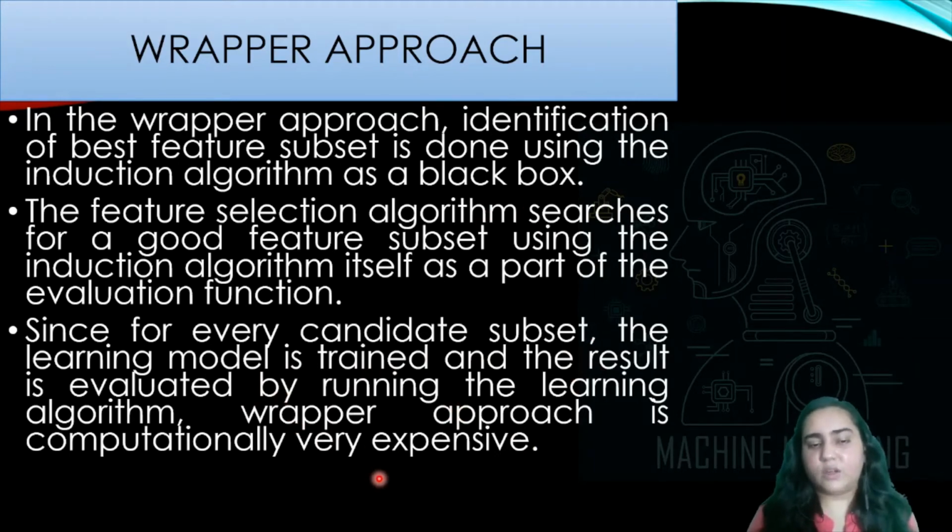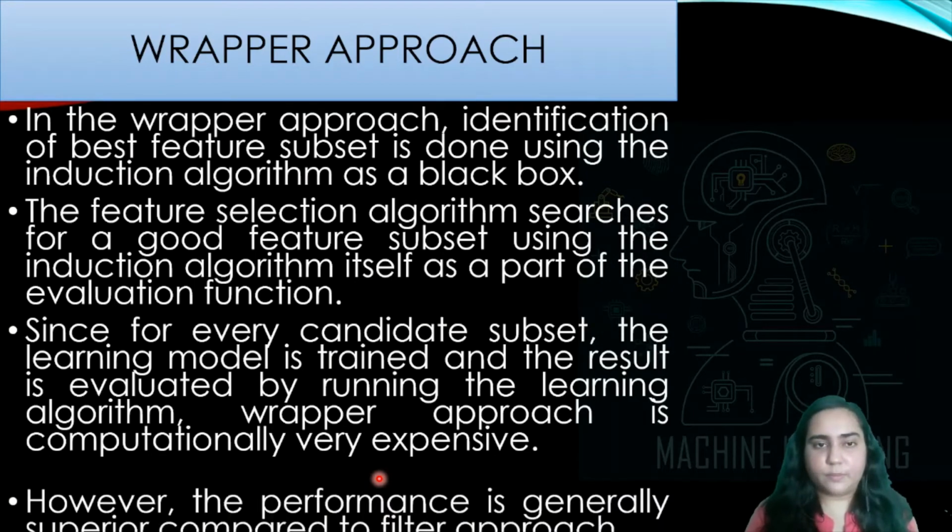So it's obviously computationally very expensive, because if you have a really huge data set and you're going to go on selecting subsets of features and then applying the algorithm on those to calculate accuracy or some measure, then it's going to be very expensive, time consuming as well.